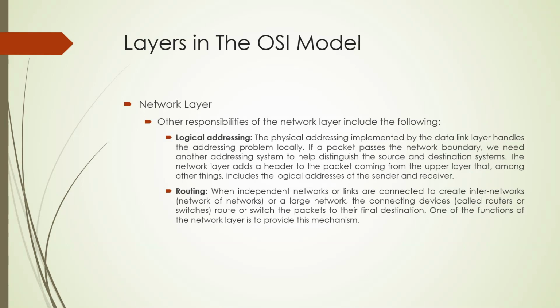So the physical address is static, and the logical address is static but not always. Throughout a connection the IP address will be static, but when we close the connection and send data from one node to another the next day, the logical address can be changed. This is the responsibility of the network layer, the logical addressing part.